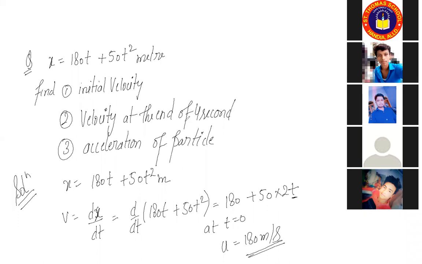And the velocity at the end of 4 seconds, in place of t we put 4, so this will be 580 meter per second. And acceleration is 100 meter per second square. Once you differentiate this further, you will get acceleration, and this will be 100.